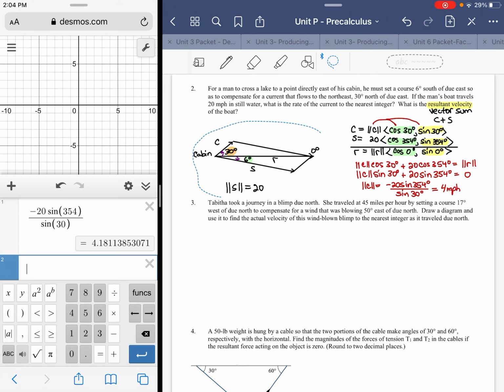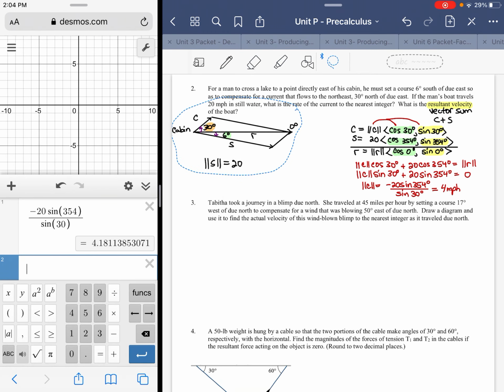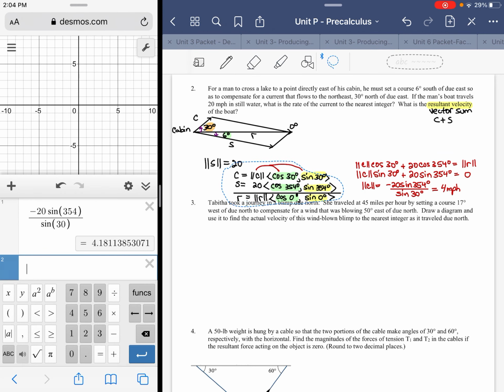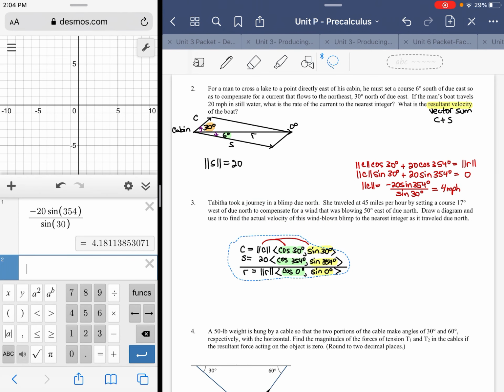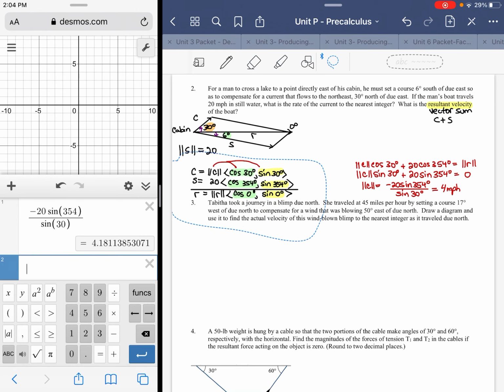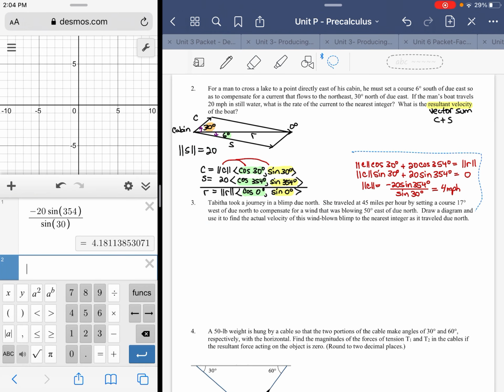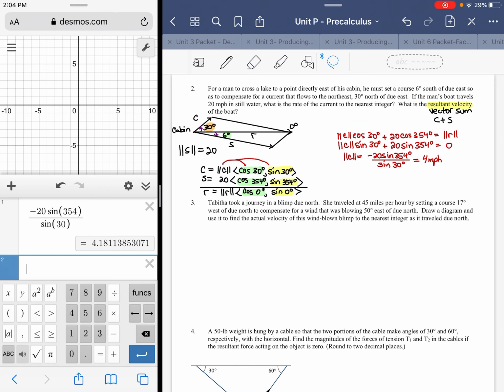Nearest integer, so 4 miles an hour. Now from there, I need to determine the value of r, the resultant velocity, which should be easy enough now.